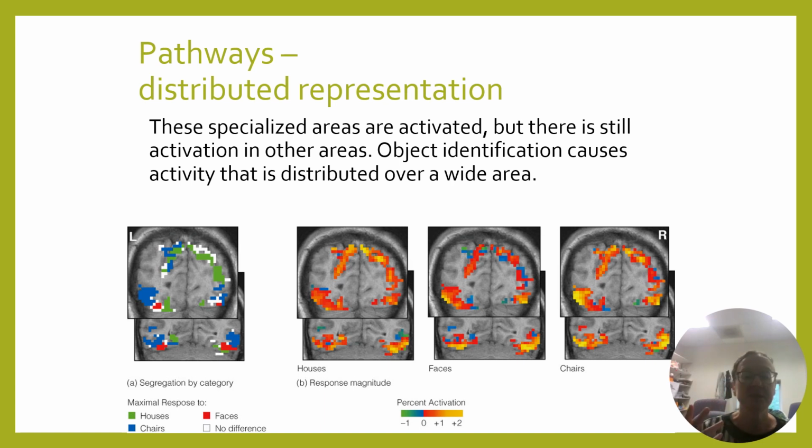In A, if we look at the red and look at faces, we see that fusiform face area appears to be quite specific to faces, but the brain is active all around for faces, because when we subtract that out from looking at something like houses, then we're going to see a different pattern of where we are responding more to houses. But there is distributed activity.